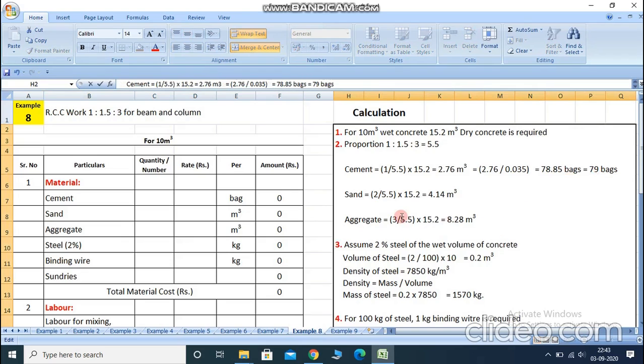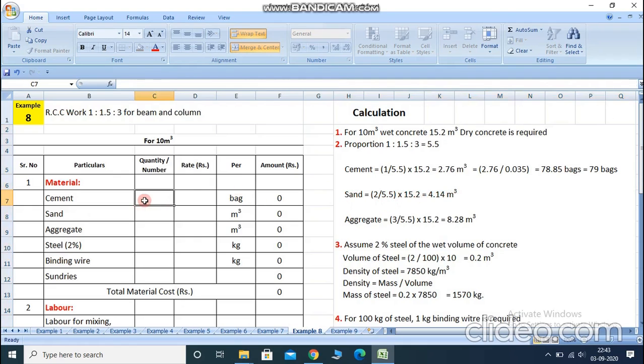So 79 bags is the rounded up figure. Then sand is 1.5 parts, so 1.5 divided by 5.5 multiplied by 15.2 gives 4.14 meter cube of sand. And the aggregate quantity is 8.28 meter cube.